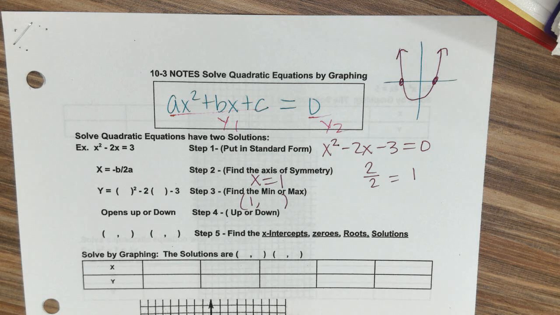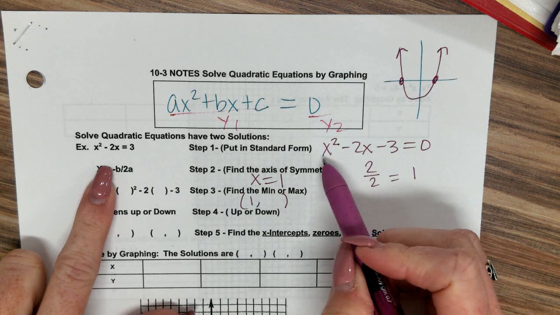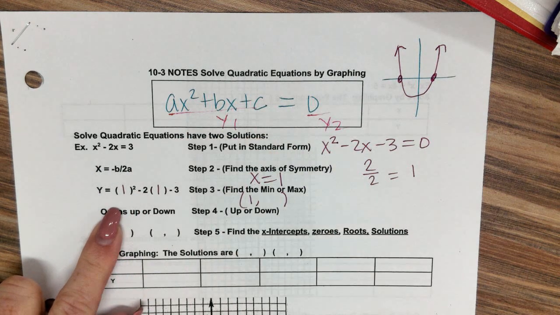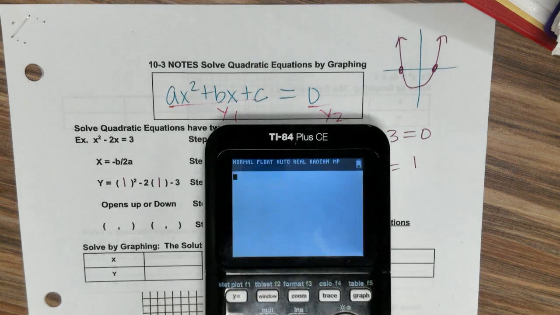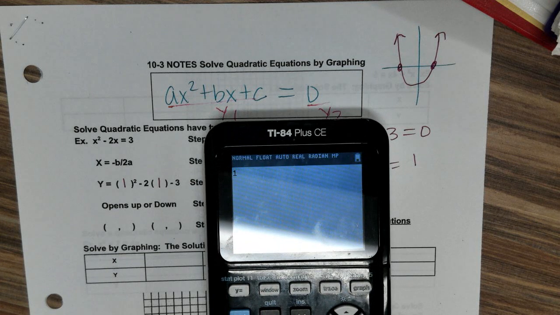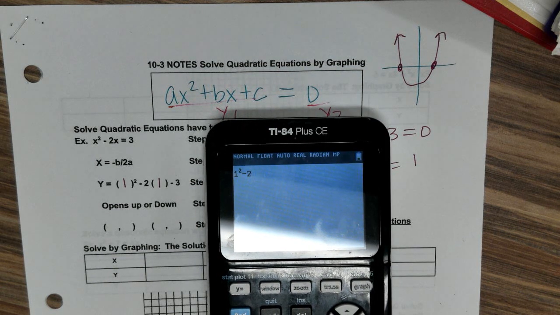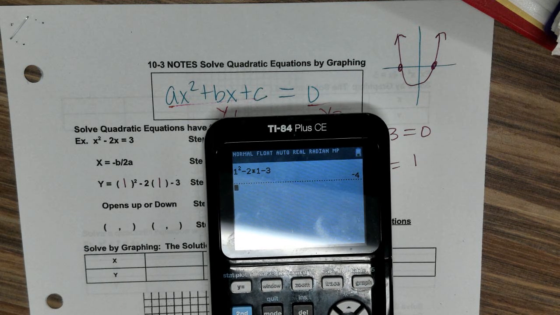So all we have to do is plug 1 into our equation. So 1 squared minus 2 times 1 minus 3. So we put that in our calculator. And what's the y value?